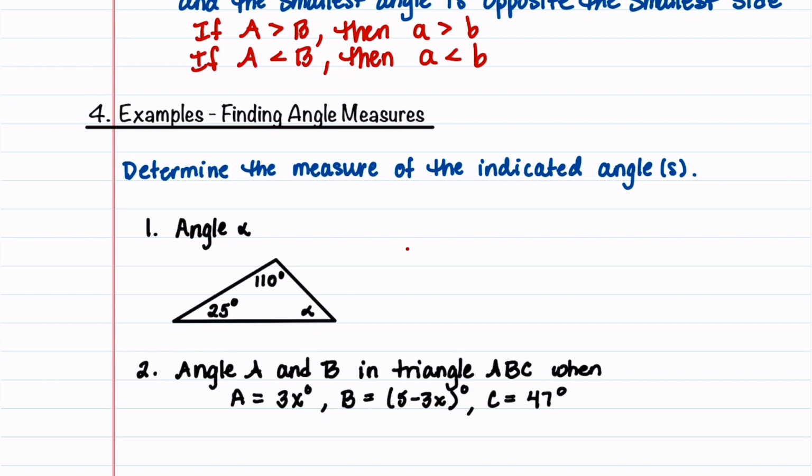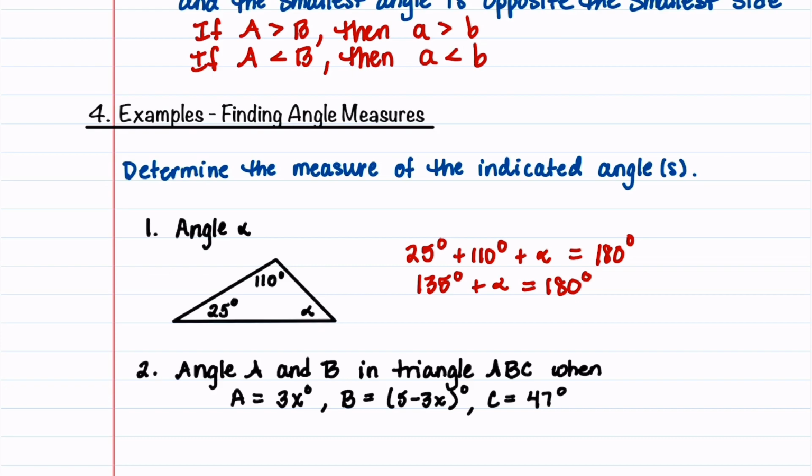So we can write 25 degrees plus 110 degrees plus alpha is 180 degrees. So we add 25 and 110 and we get 135 degrees plus alpha is equal to 180 degrees.